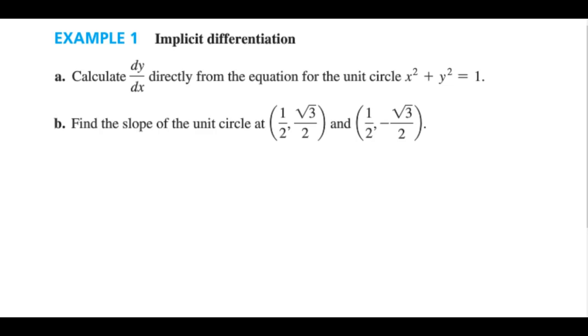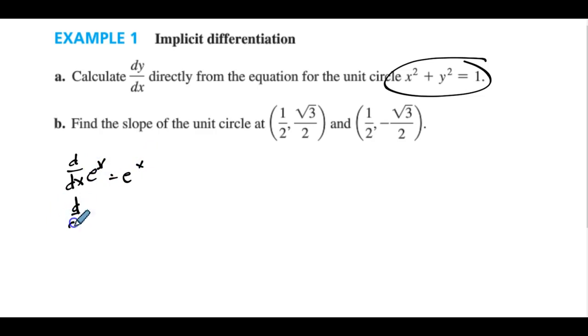So our first example is a circle with a radius of 1, and it says calculate the derivative for this implicit equation. Similar to the last video when we talked about the chain rule, when you take the derivative of e to the x, you do get e to the x.